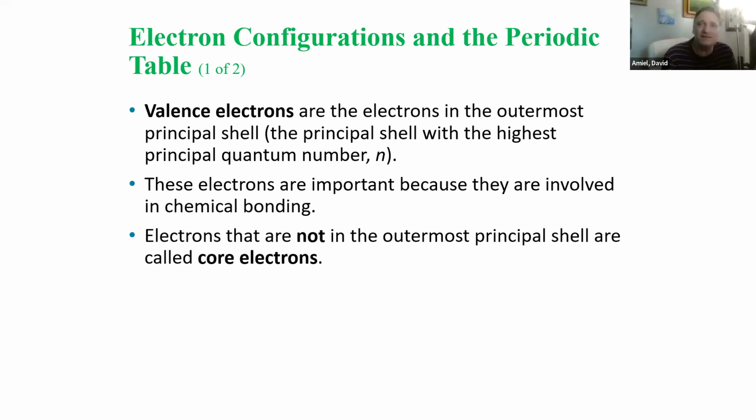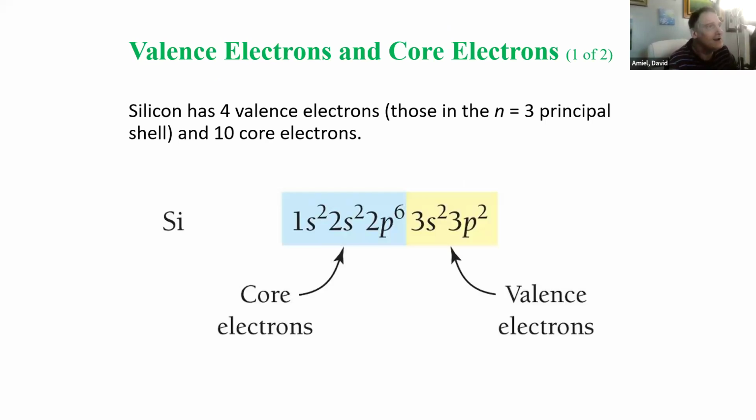It is very easy to assign valence electrons because it is just the last principal quantum number that is filled. All of those are the valence electrons. Here is an example of silicon, 1s2, 2s2, 2p6, 3s2, 3p2.